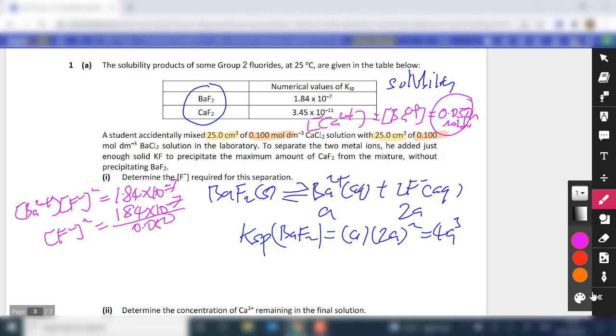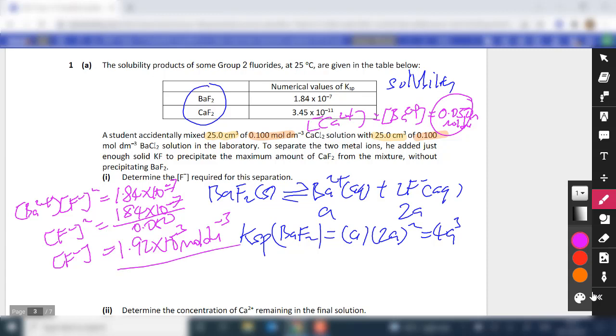So the concentration of fluoride will be the square root of this whole thing, which you can easily calculate, and you will find that it's 1.92 times 10 to the power minus 3 moles per dm cubed.